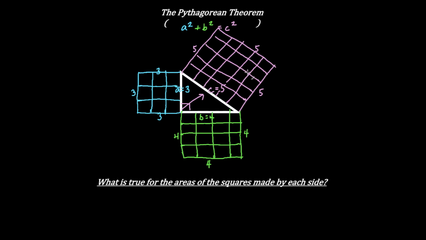Okay, so the area of this square made with this leg is 9. I guess I made it a little smaller. 9 square units. Maybe I should just make it a different color. That'll be easier. So this one is 9 square units.